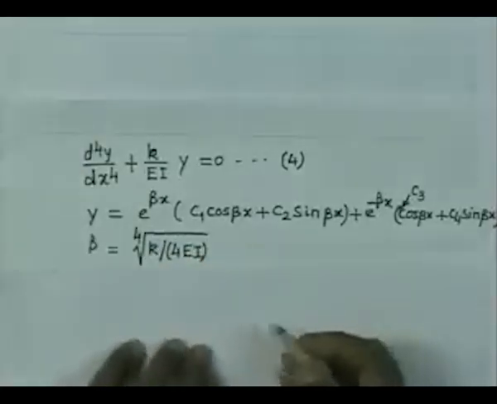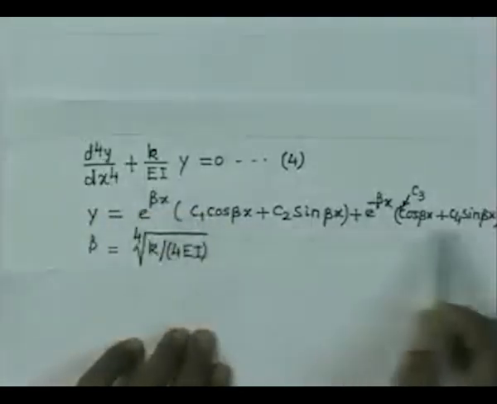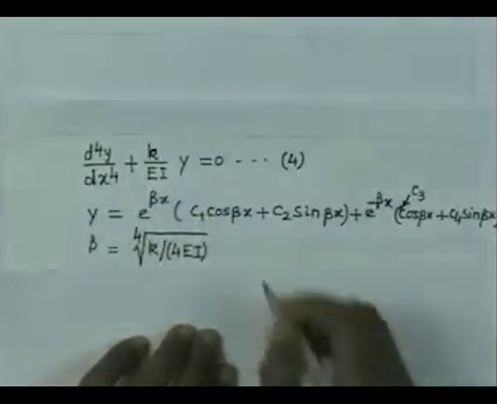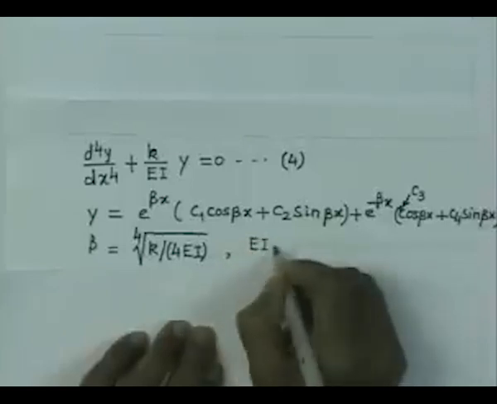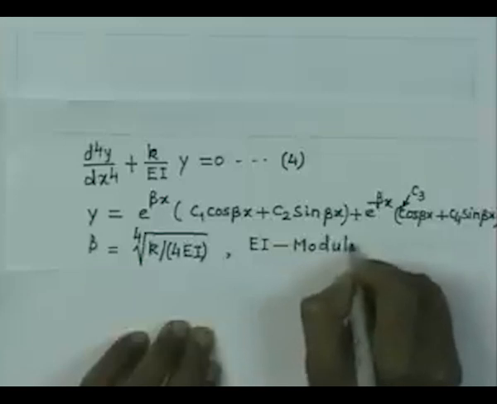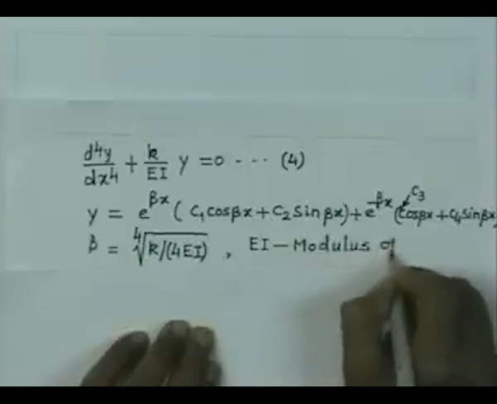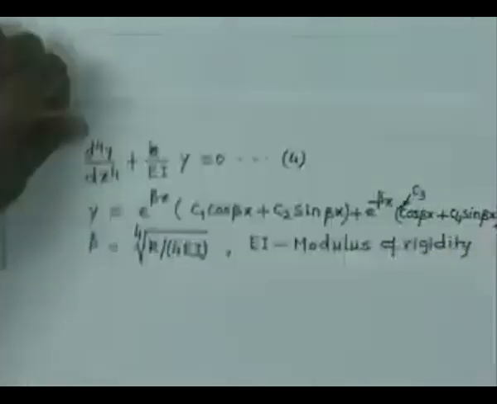So, that is the beta factor, and since it is a fourth degree equation, you expect 4 arbitrary constants C1 to C4 are involved there, and this EI is modulus of rigidity of the beam section.